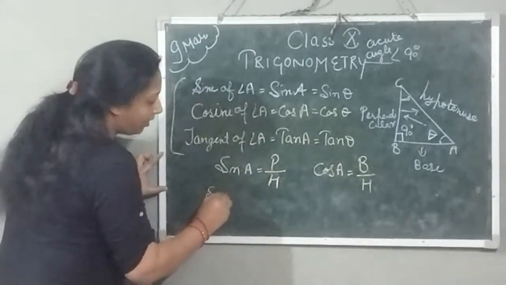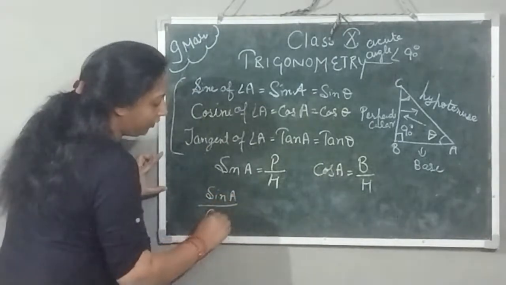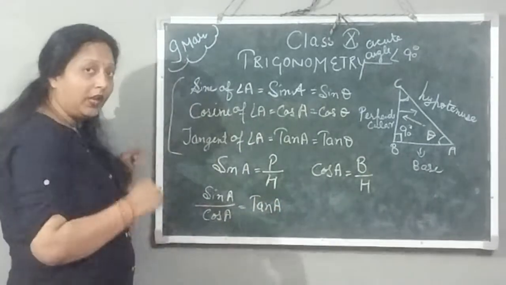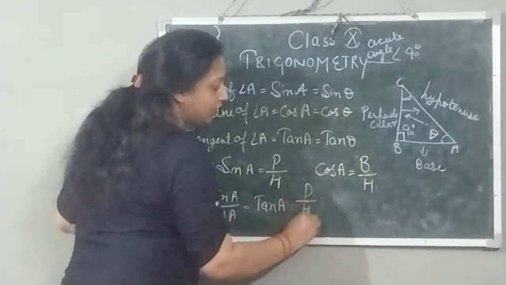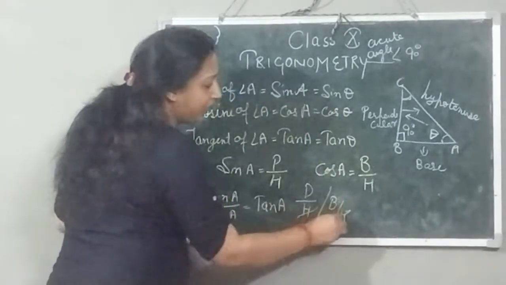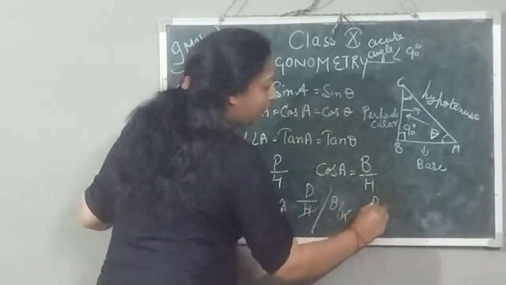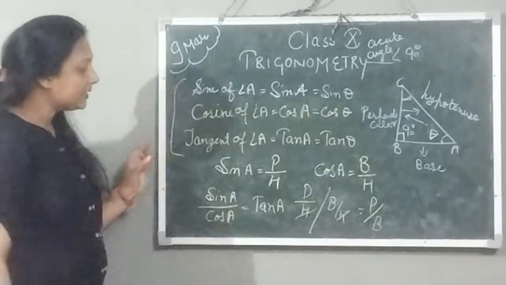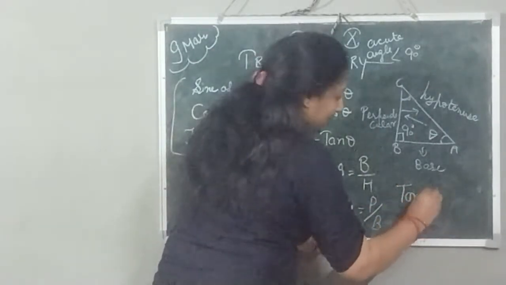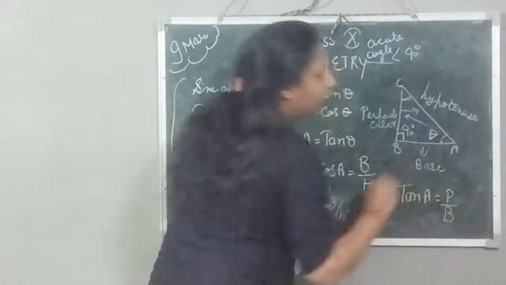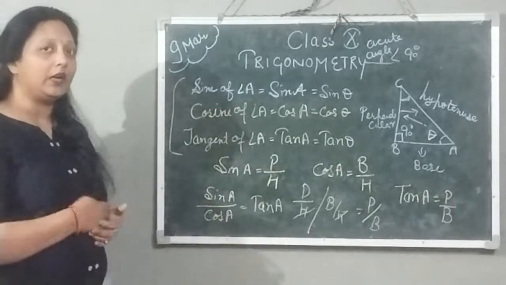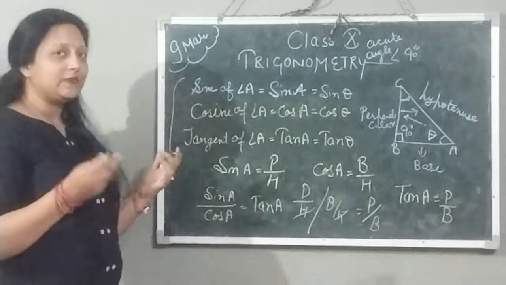Because sine A upon cos A is called the tan A. So, if I do P upon H upon B upon H, after that H will be cut and this becomes P upon B. So tan A is equal to P upon B. Now, with these three values, I am going to tell you about the other three thetas' values.